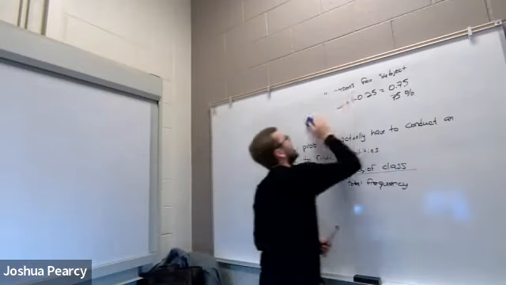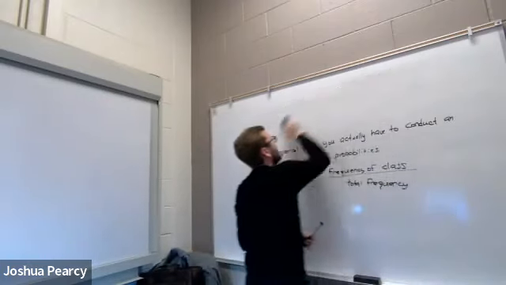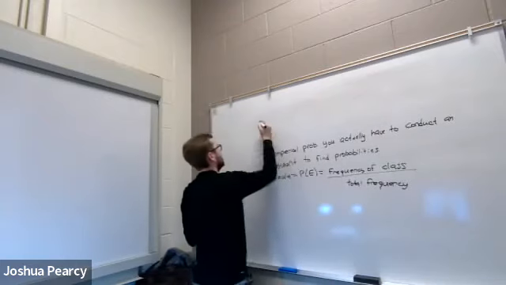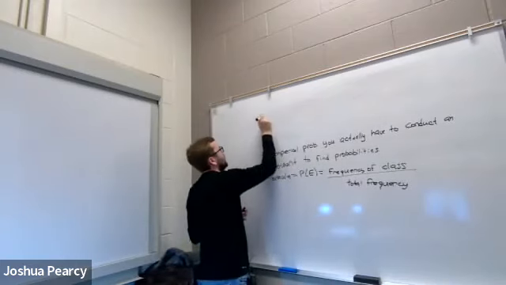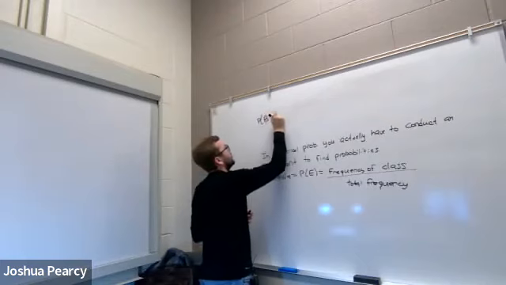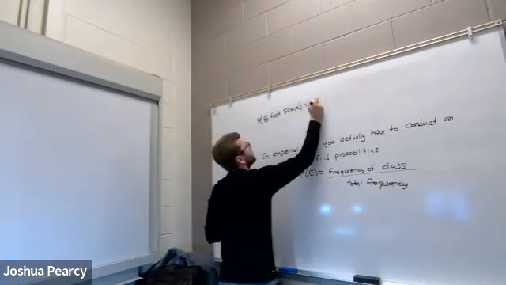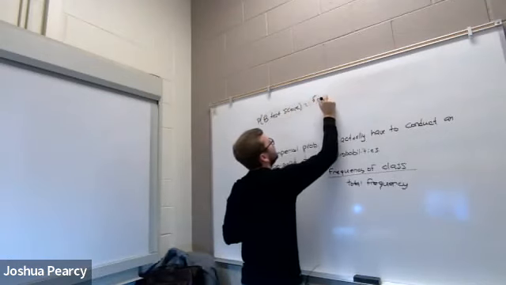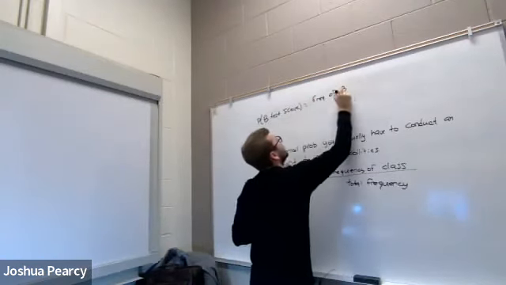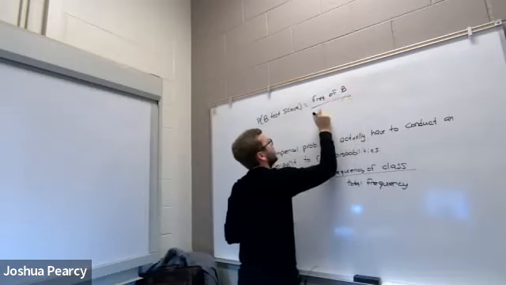So then you have the probability of a B test score is equal to the frequency of B's over the total frequency.